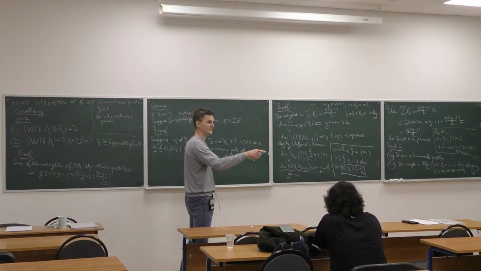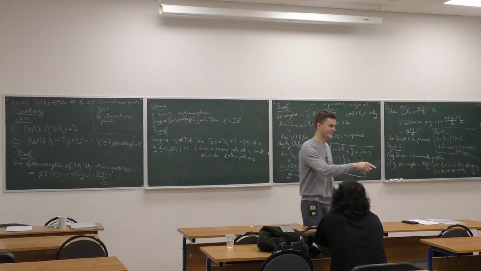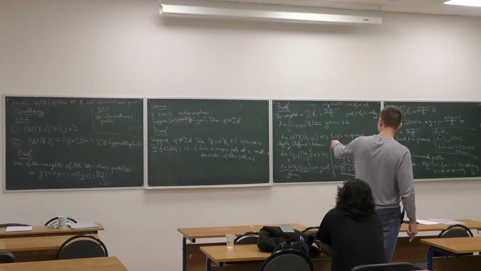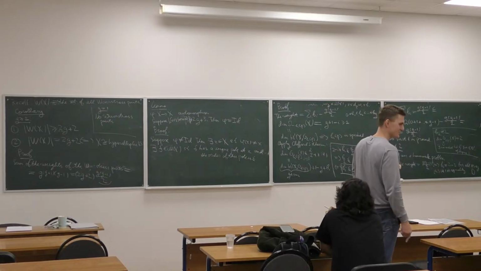What? No, you answer. There is a unique pole at x, and the order of this pole is less or equal than what?